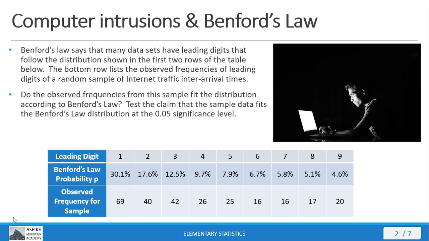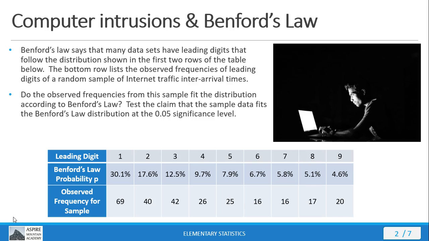It's called Benford's Law and not Benford's distribution because it actually describes the leading digits that many data sets have. So looking at the leading digits for numbers in a data set, they tend to conform to this distribution that's described by Benford's Law.